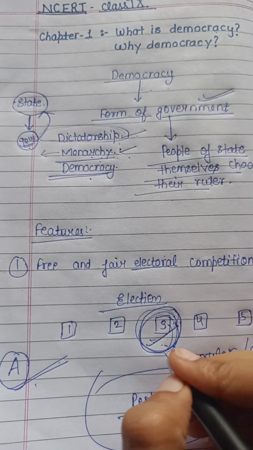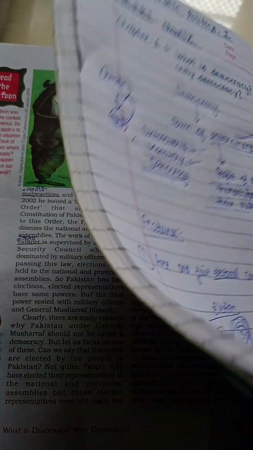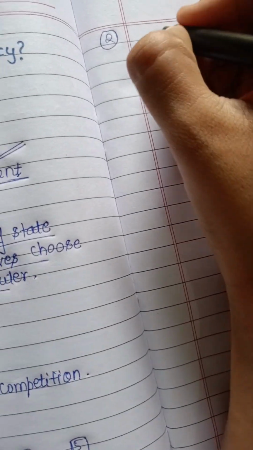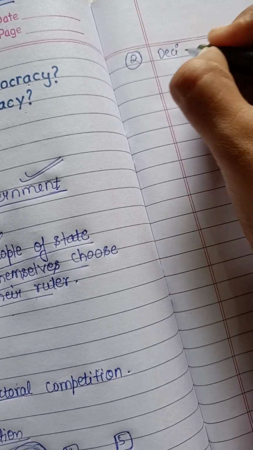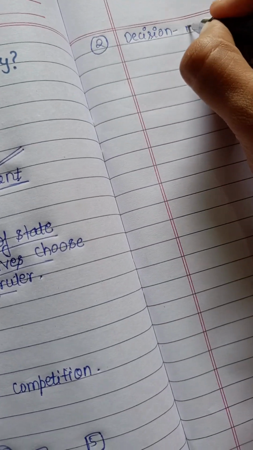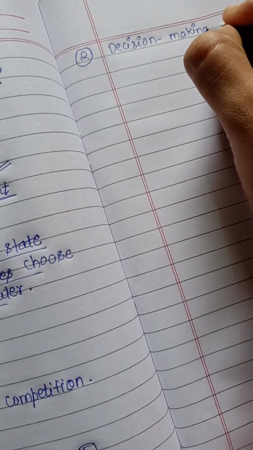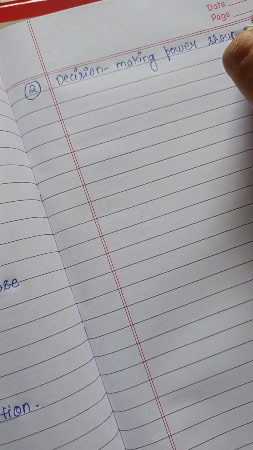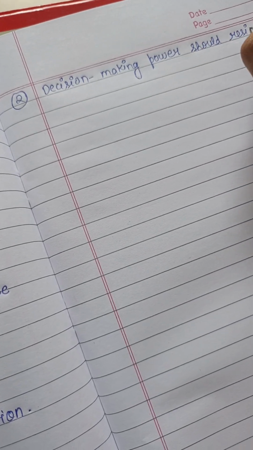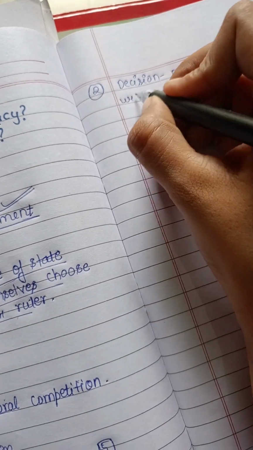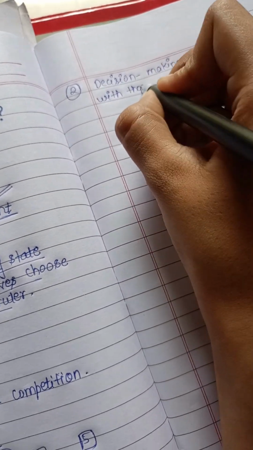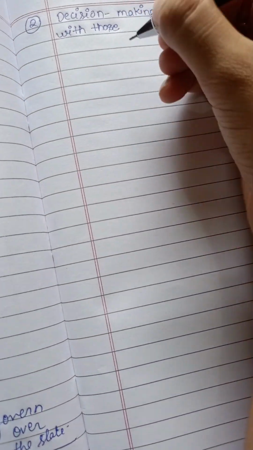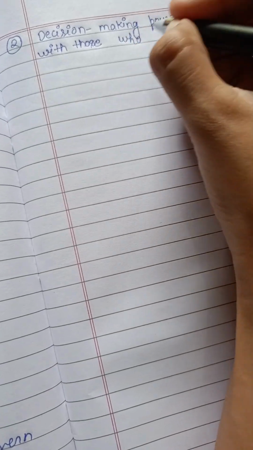That is why this is the second important thing: decision making power should reside with those who are elected by people.